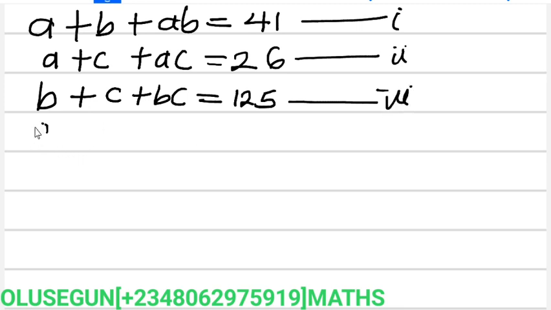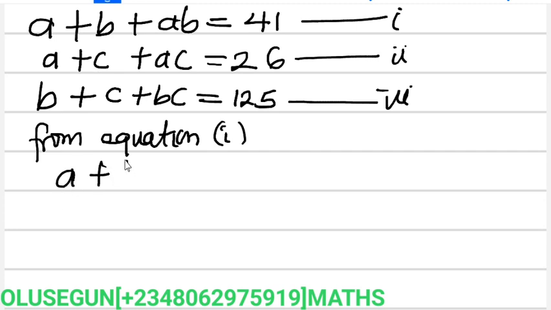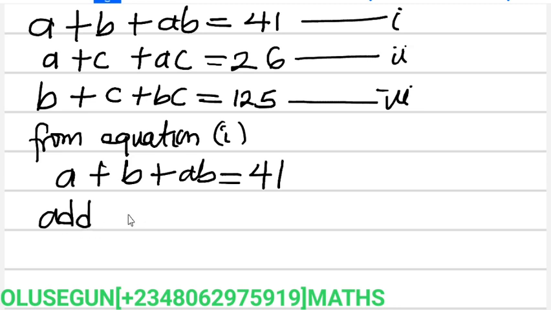So from equation 1, a plus b plus ab is equal to 41. There's a logical thing that we want to do: add 1 to both sides.